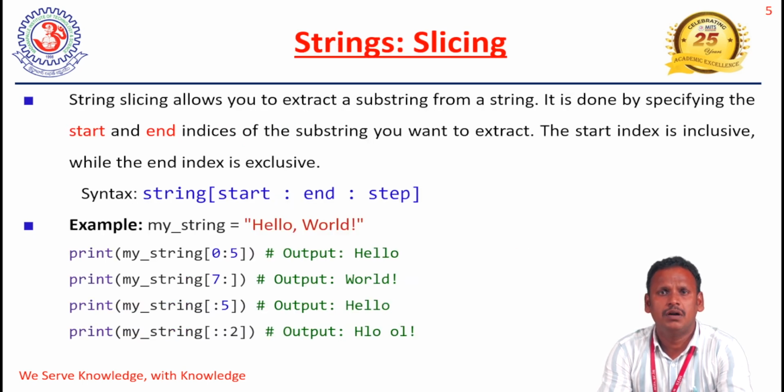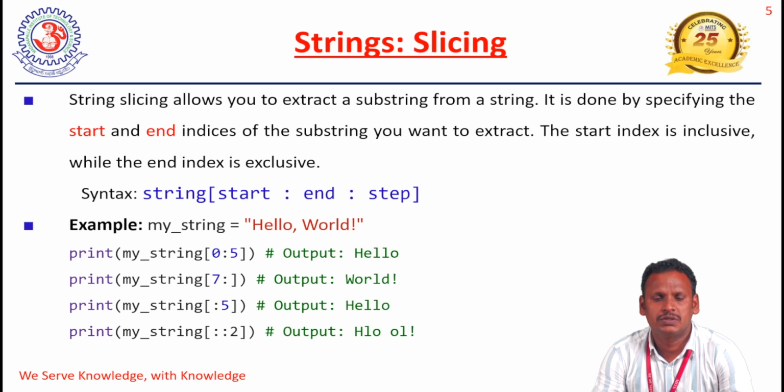Now we'll see how to perform slicing. Slicing is nothing but extracting a substring from the existing string. You can start at any index, you can end at any index, and we can also mention the step size. Whenever you are extracting a substring, you have to mention the start and the ending index.